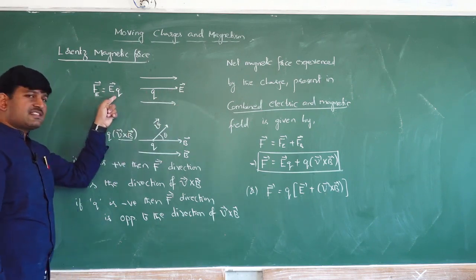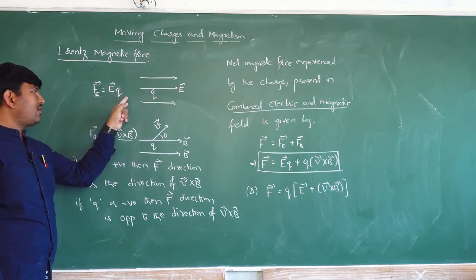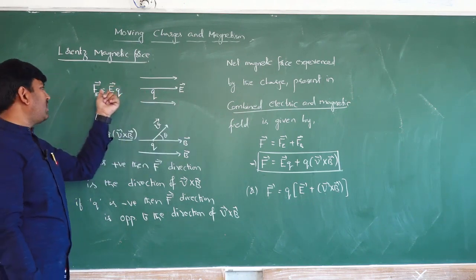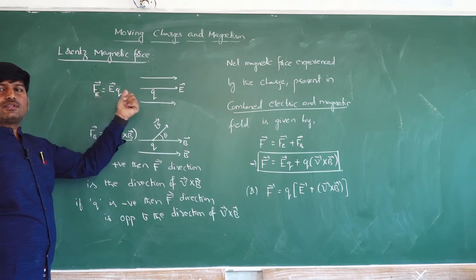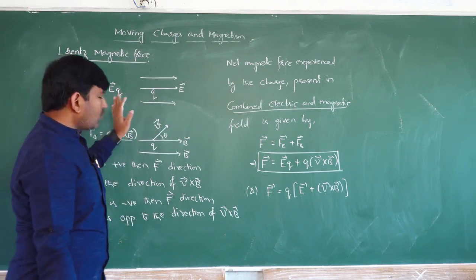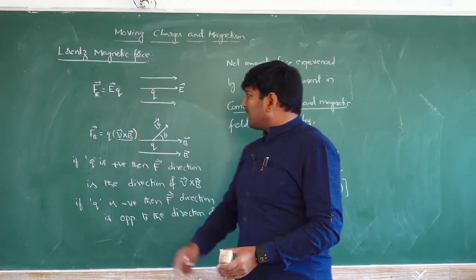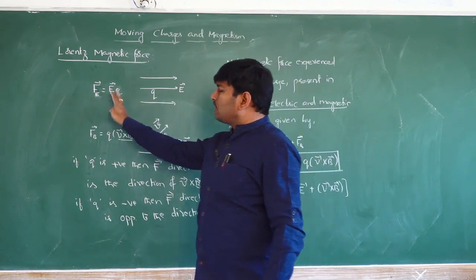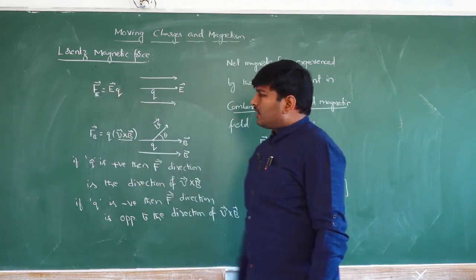If it is a negative charge, that is minus 3 nanocoulomb, and if E bar is directed along positive x-axis, then F bar should be directed opposite to the positive x direction, that is along negative x direction. Is it clear? So Q being positive, the directions will be in the direction of the net field. Q being negative, directions will be opposite to the net field direction.